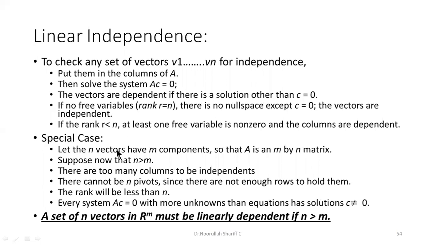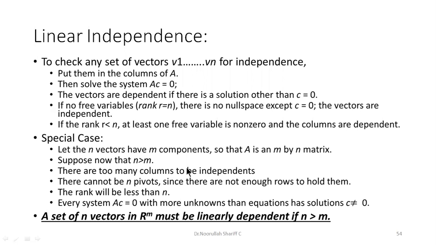Let the n vectors have m components so that A is an m by n matrix. And suppose that n is greater than m. N greater than m means the number of columns is more than the number of rows. Okay, there are too many columns to be independent.